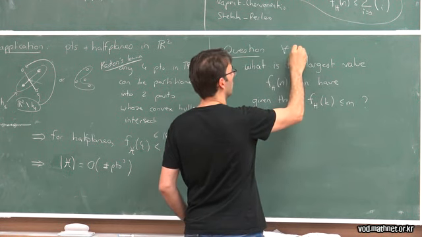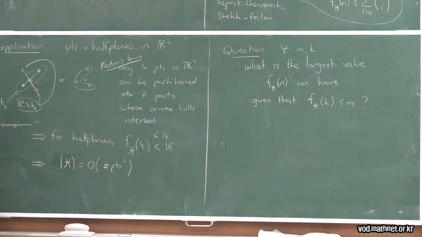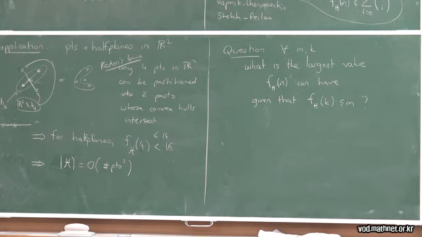And I can ask this for any m in k. Okay, I take two parameters, and I would like to have a bound that is more sensitive.